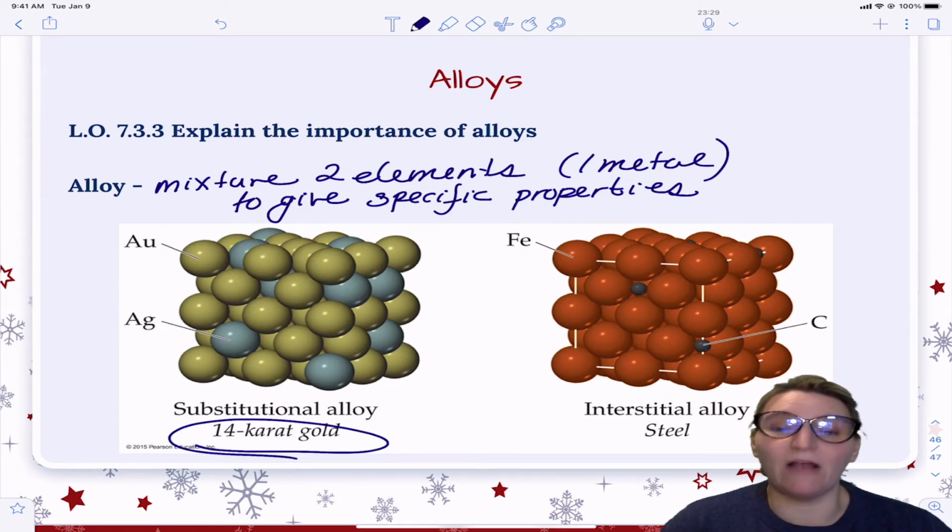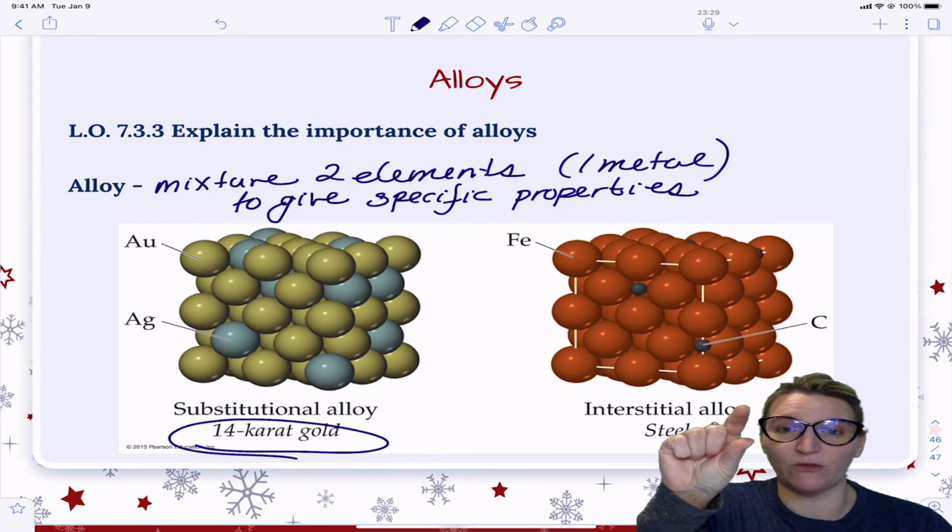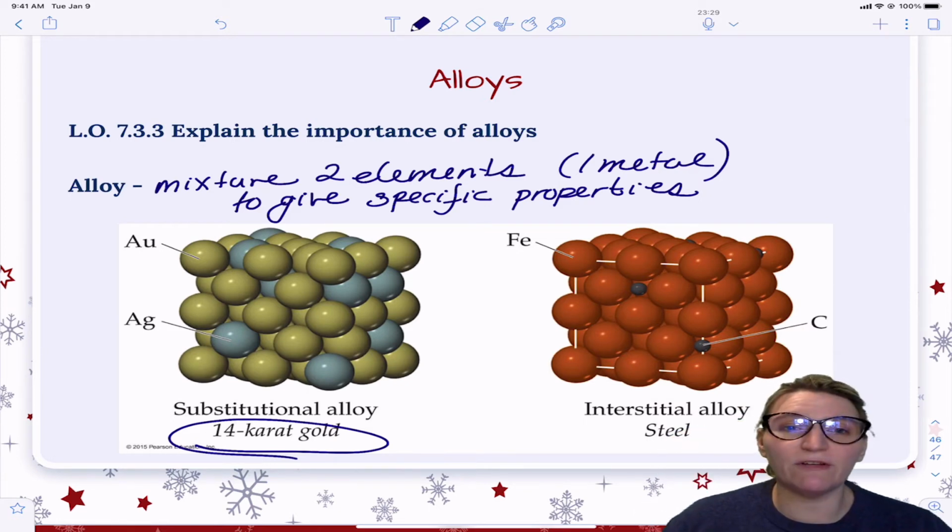Well, gold itself, if it was pure gold, the melting point of pure gold and the malleability of pure gold make it really too soft to have any use, especially in jewelry. If you had a ring made out of pure gold, as soon as you bumped your hand against something, you would dent the ring, right? You could easily take a pure gold ring and just smush it right in half. So that really wouldn't be useful.